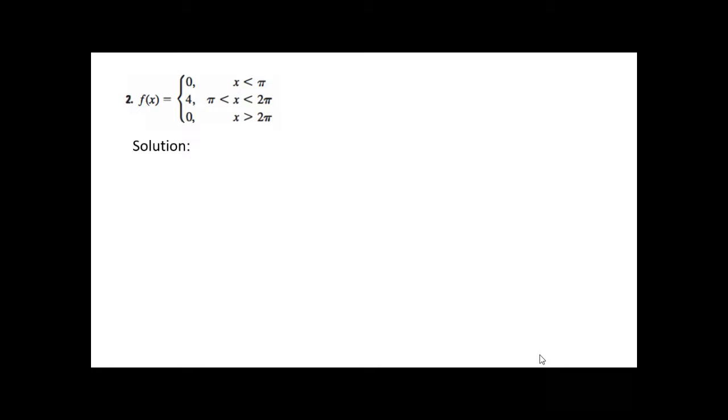Okay, problem number 2 from the textbook. As usual, you should find A of alpha. Therefore, the integration is only in this interval, pi to 2 pi, of 4 times cosine alpha x dx. When you integrate it, 4 times sine alpha x over alpha from pi to 2 pi.